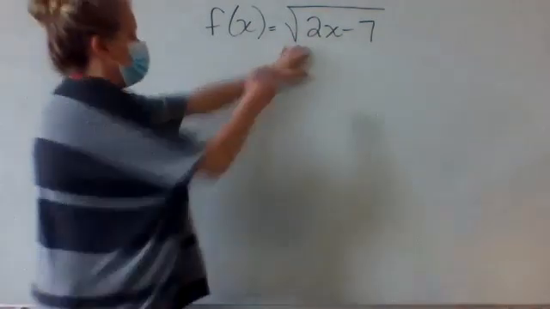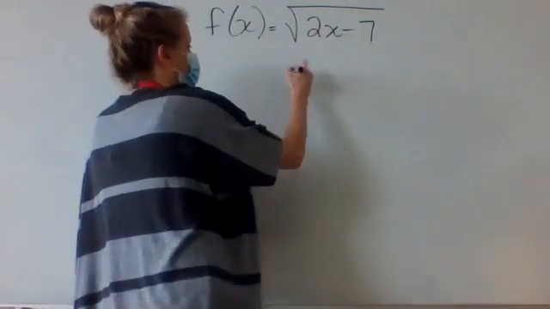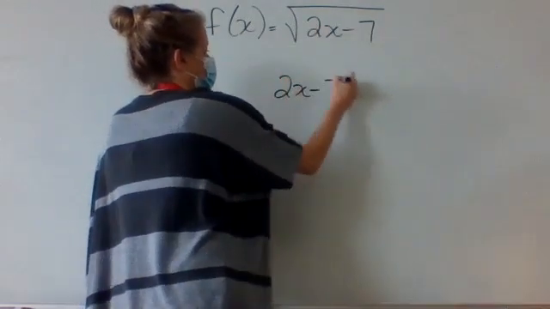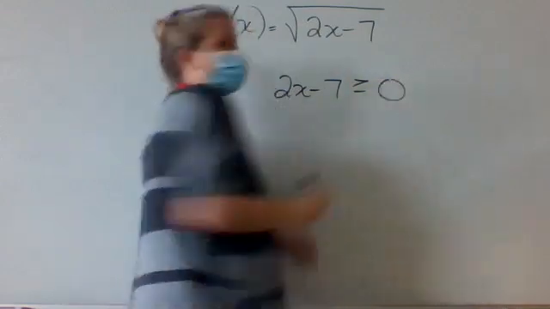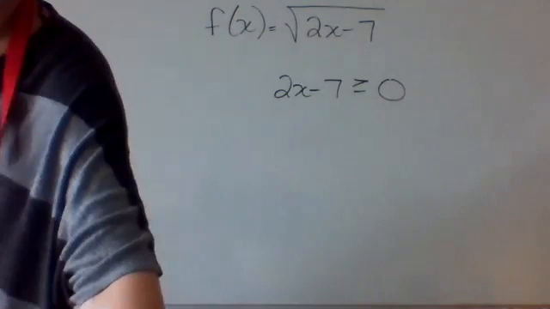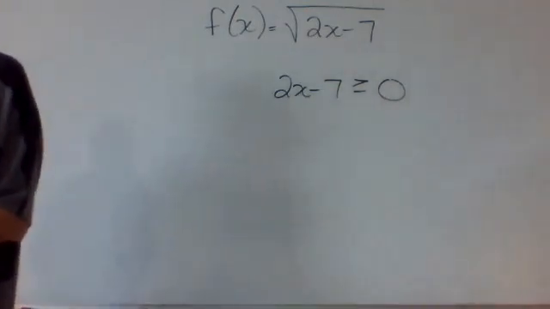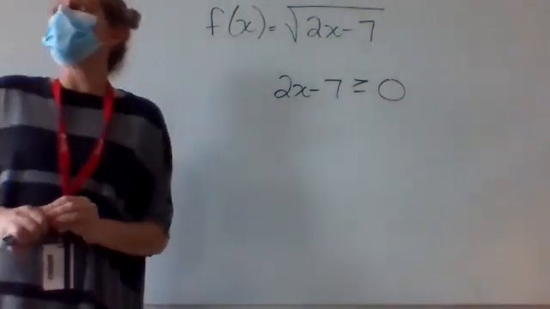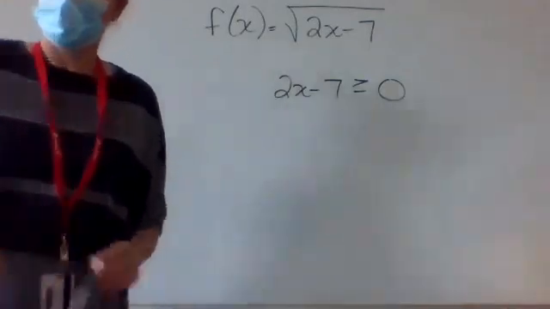So what we need to do is say, okay, whatever is underneath this square root, which is 2x minus 7, needs to be greater than or equal to 0 in order for it to be in the domain. That's what's going to keep it positive. And then just solve that for x, right?